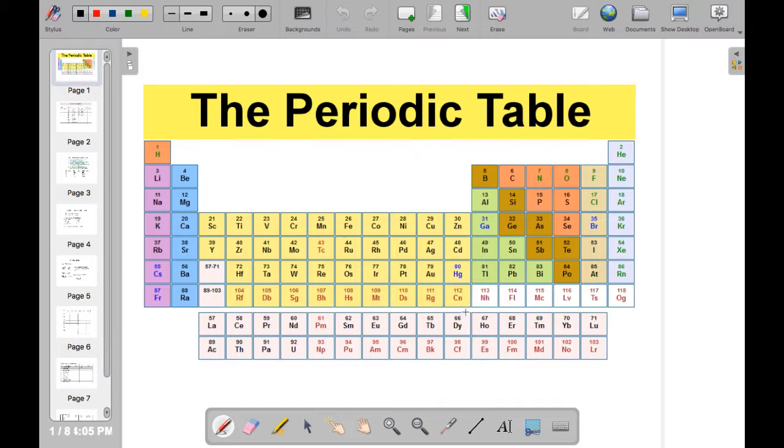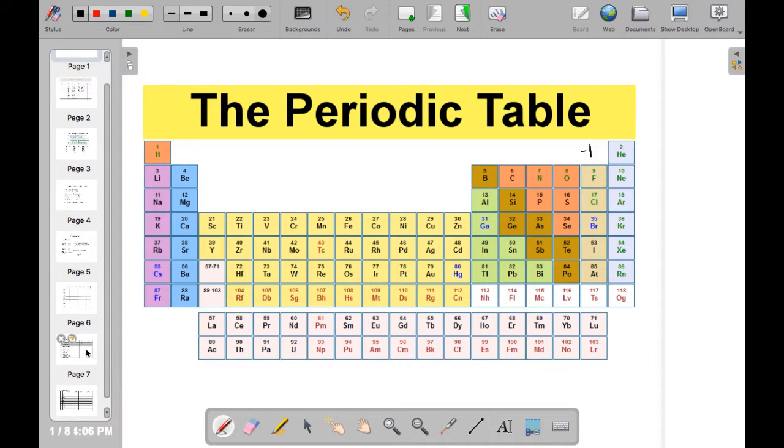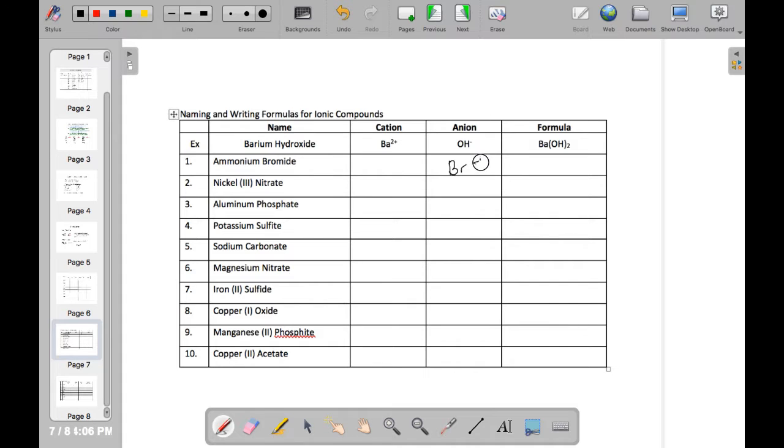Normally when you're in class doing this sort of worksheet, you have your periodic table handy. And I see bromine right here. This is a halogen. These are group 7 elements. All of these typically gain electrons, so they have -1 charges. So I know anything in this group is going to be -1. I'll put my -1 here.